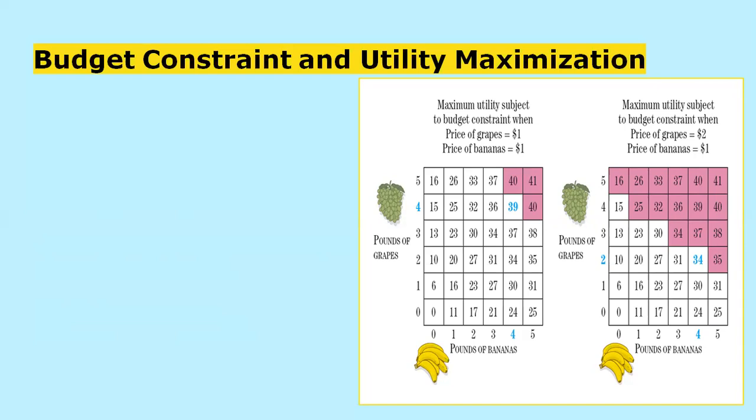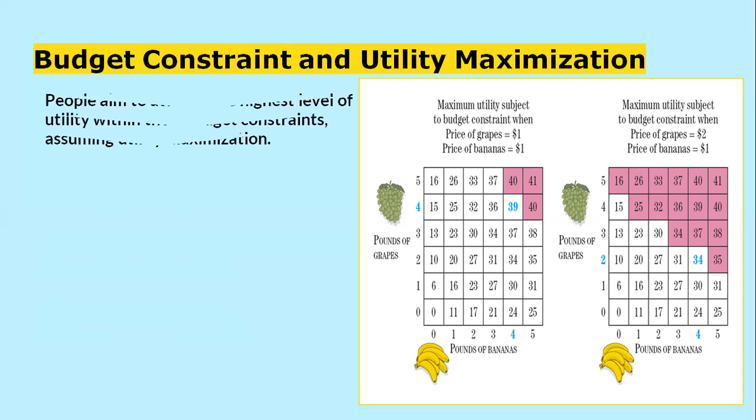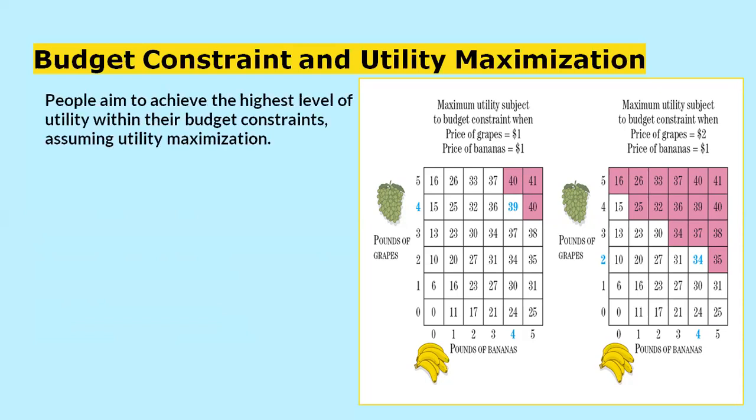Budget constraint and utility maximization. People aim to achieve the highest level of utility within their budget constraints, assuming utility maximization.